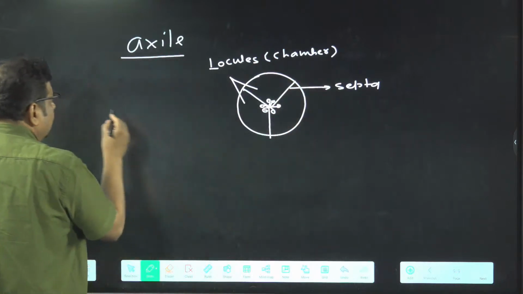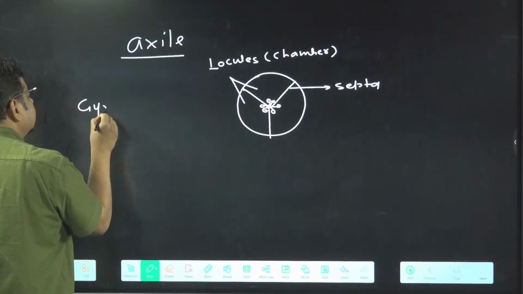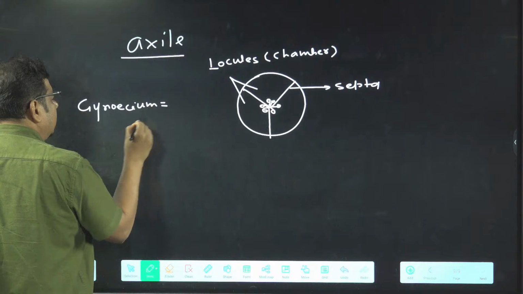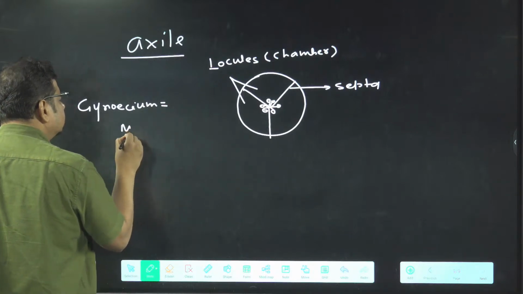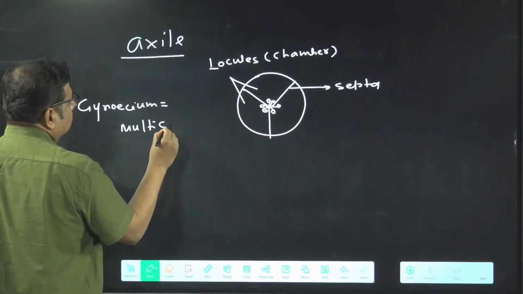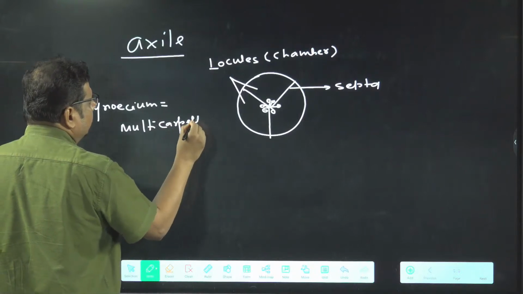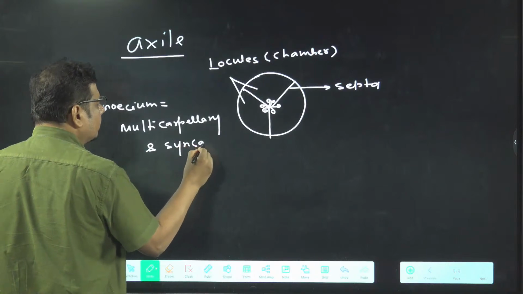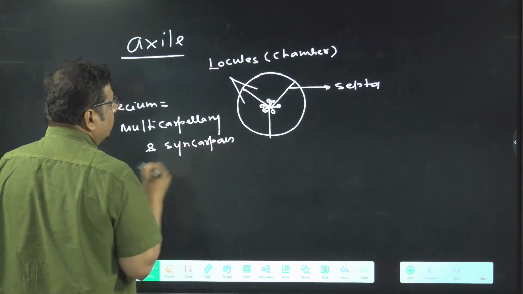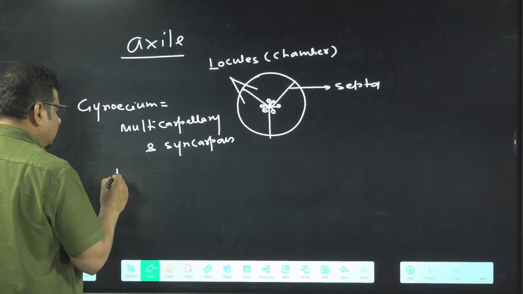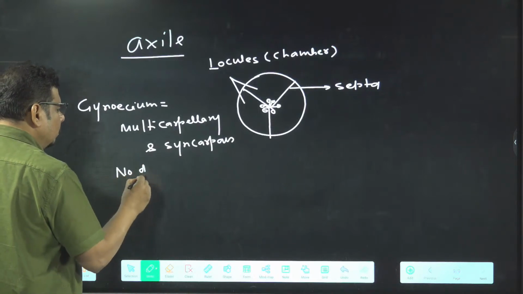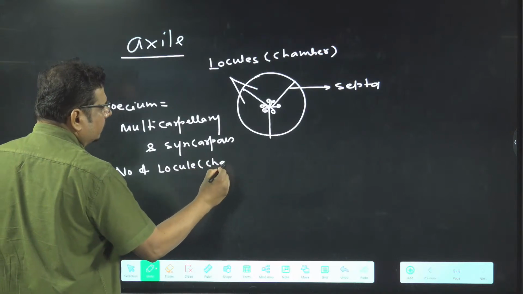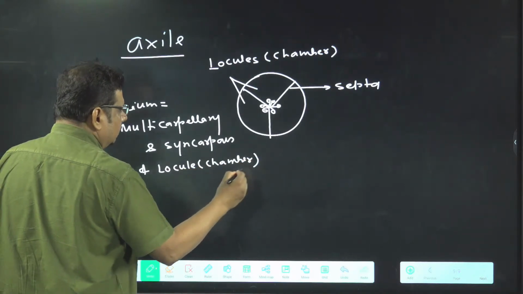So in axile placentation, gynoecium is multicarpellary and syncarpous. Number of locules or chambers is many.